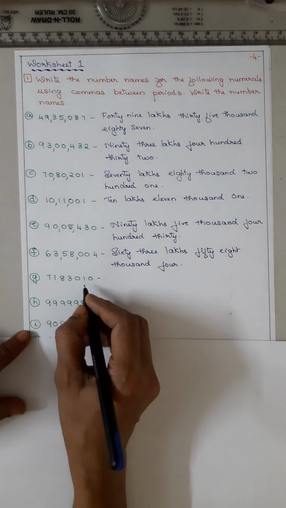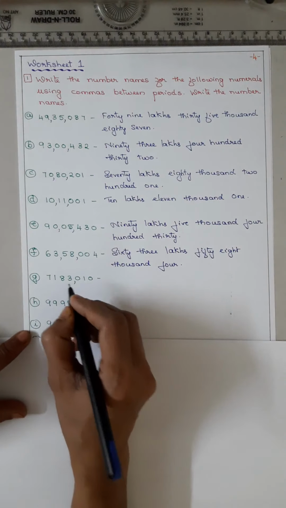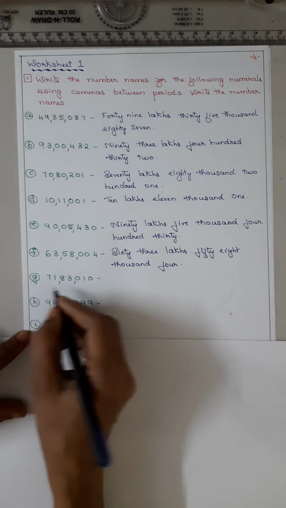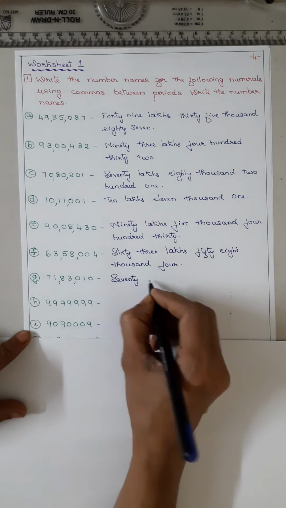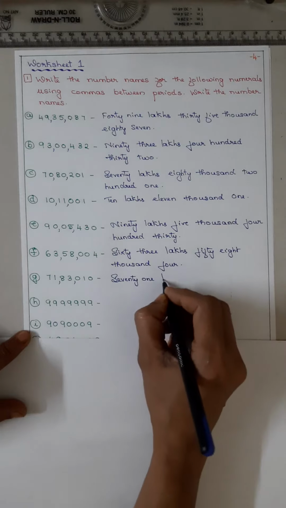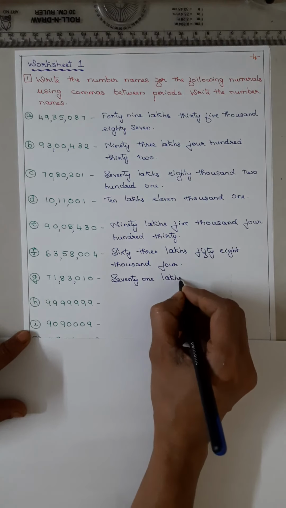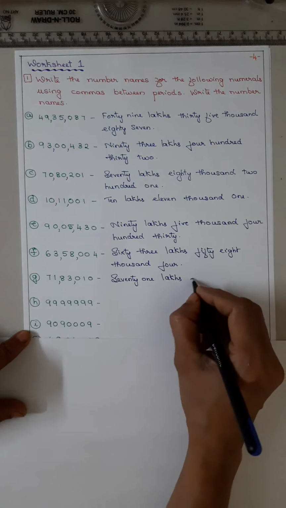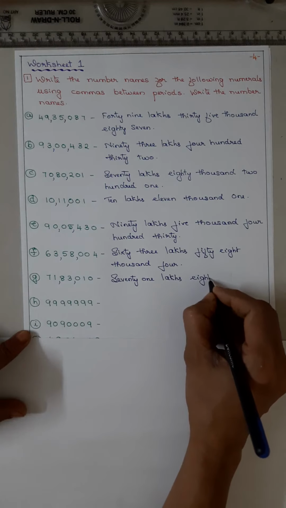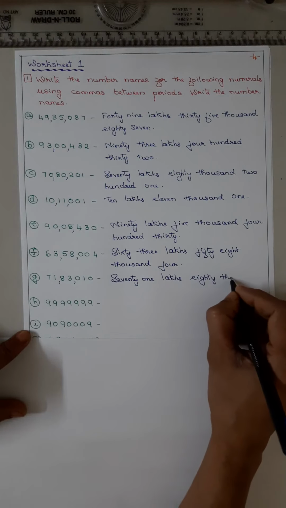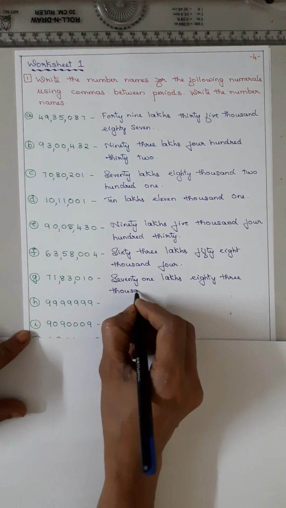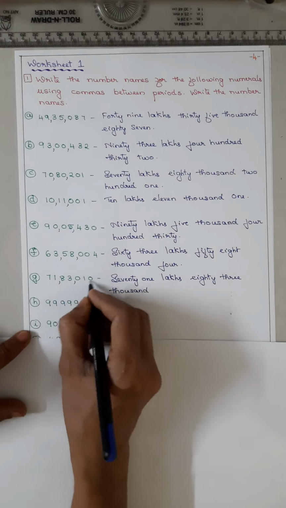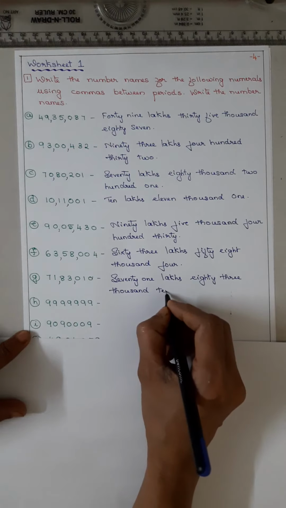Now coming to question number G. 1, 2, 3, comma 1, 2, comma. 71. Lakhs, isn't it? Then 83. Thousand. Then 10.